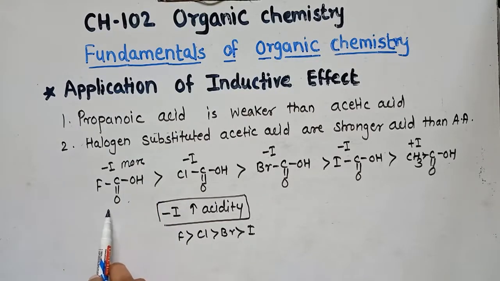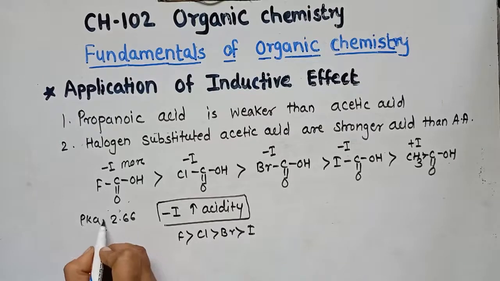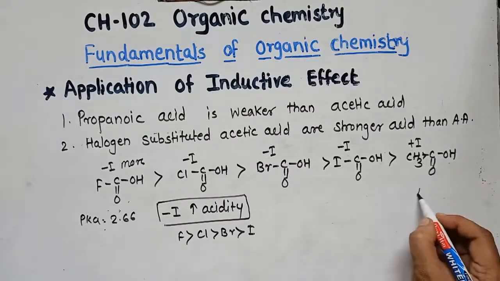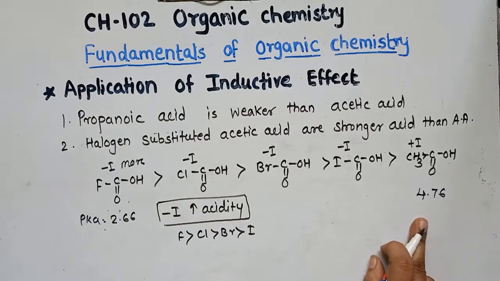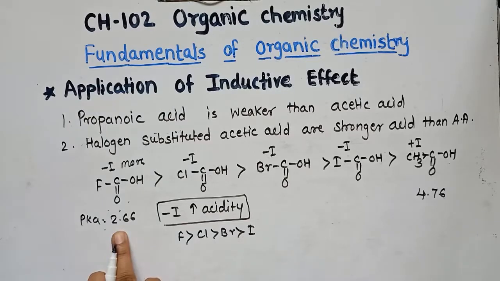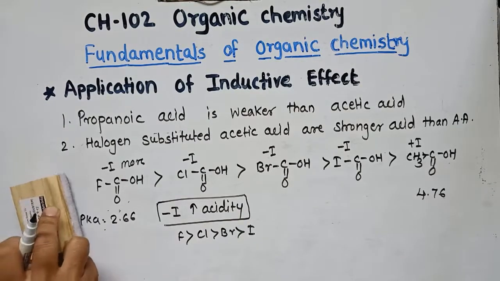Hence this fluoroacetic acid is a stronger acid than the remaining ones. Here the pKa value is 2.66 and here the pKa value is 4.76. Smaller the pKa, stronger is the acid. Okay, it is clear. So this is the second application of this inductive effect. Then we see the third application.